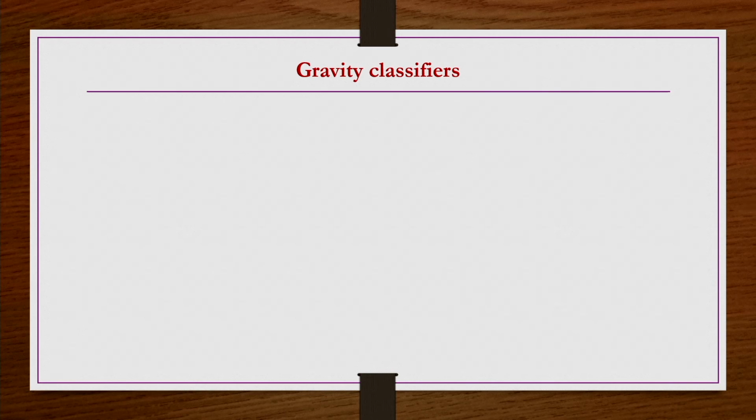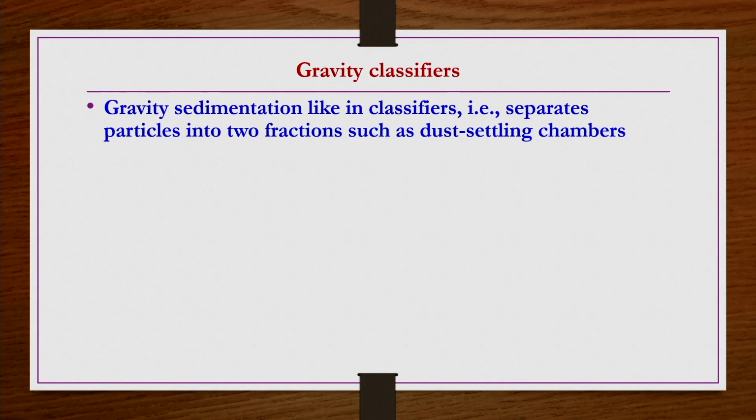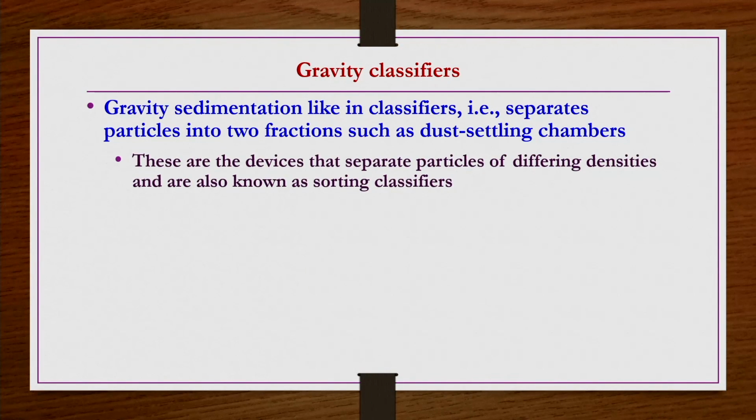So, let us start with the gravity classifiers. Gravity sedimentation classifiers, which separate particles into two fractions, such as dust settling chambers, are known as gravity classifiers. These are devices that separate particles of differing densities and are also known as sorting classifiers.